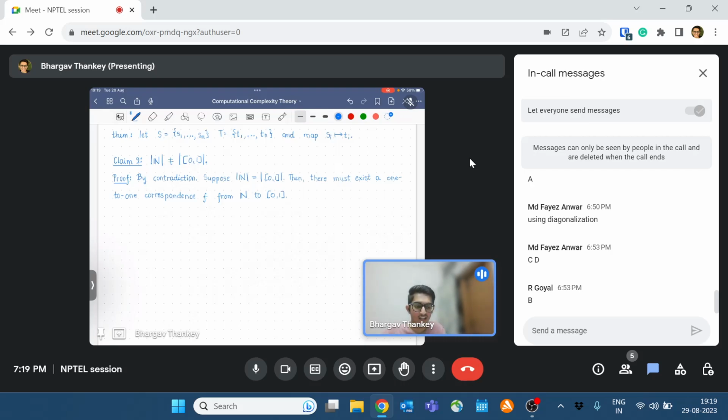This is just how we have defined two sets having the same cardinality, right?